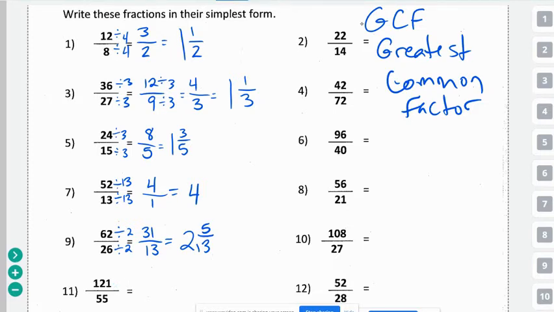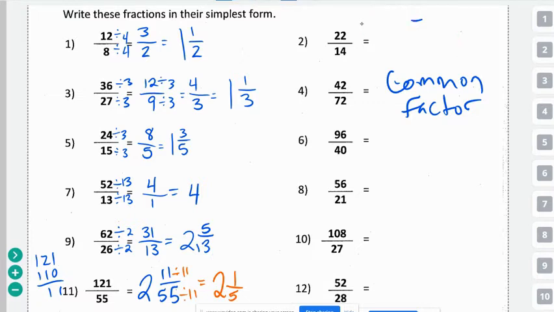I know 55 can go into 121 twice because 55 times 2 is 110. 121 minus 110 is 11. And I can definitely simplify 11 and 55 both by 11. They both share 11. So the final answer is a big 2 with 1 over 5.